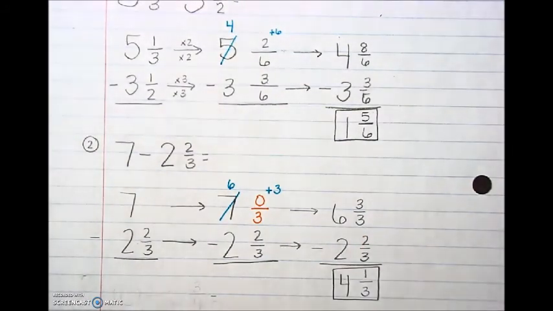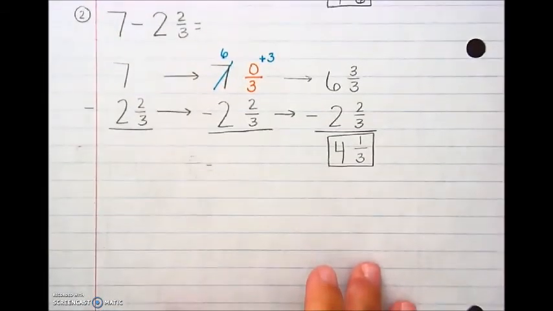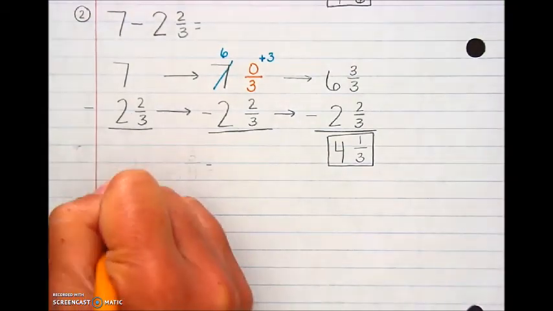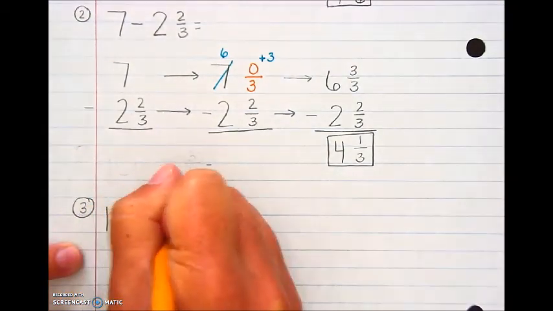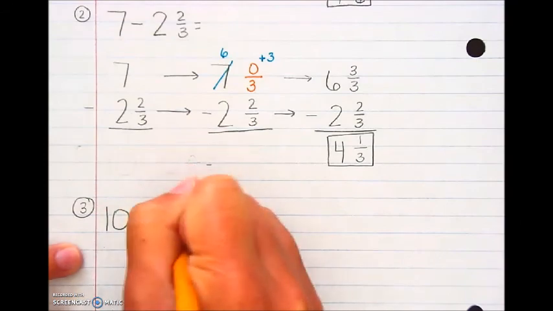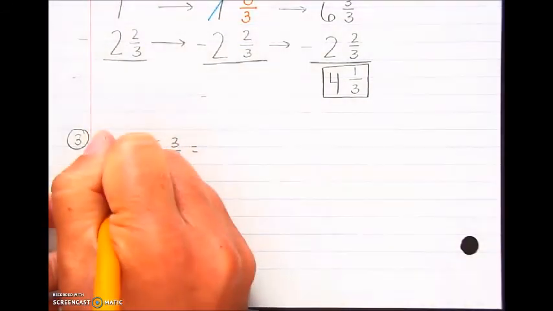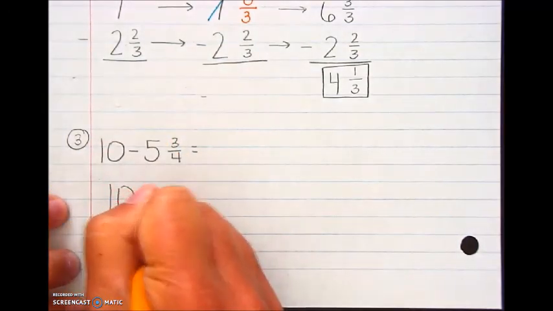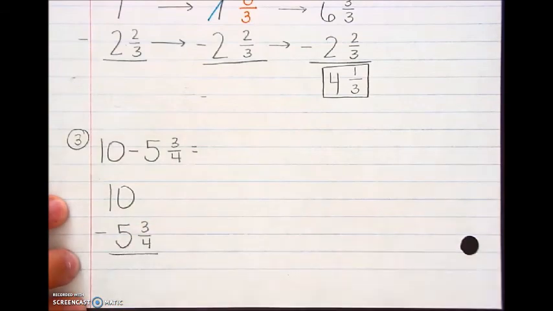Let's take a look at one more with a whole number like that so that we can really get that thinking solid. So let's look at 10 minus 5 and 3/4. Again, I'll rewrite 10 minus 5 and 3/4 vertically.